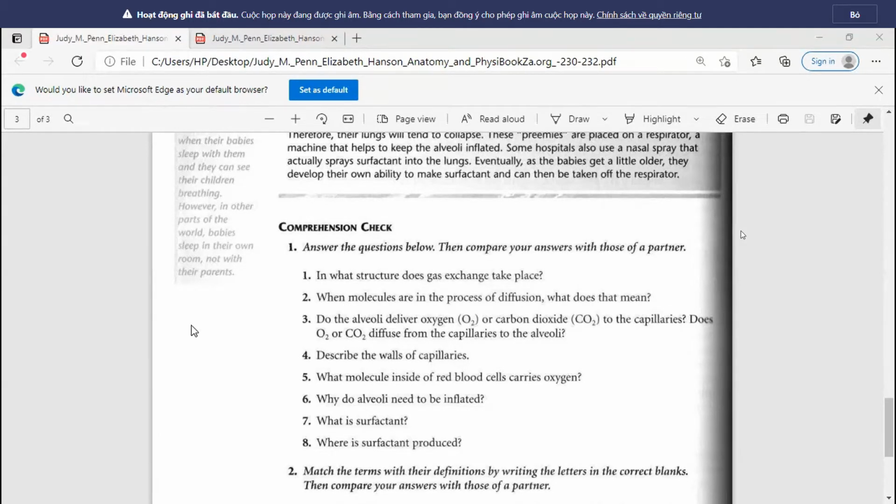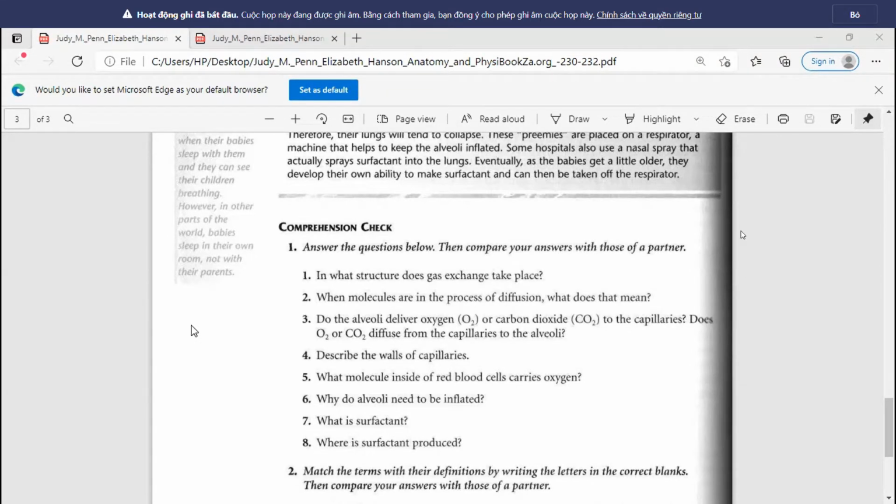Now, number 2, keywords should be molecules, process, diffusion. Diffusion is a very important word, right? So what does diffusion mean? Question number 3, do the alveoli deliver oxygen or carbon dioxide to the capillaries?